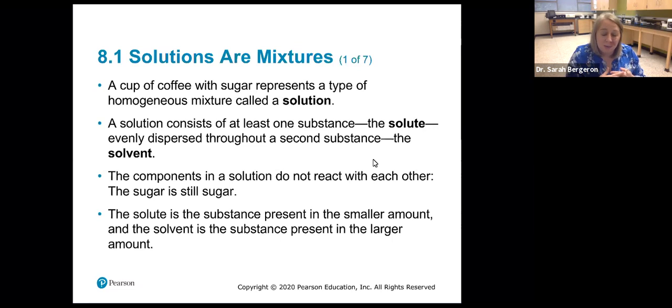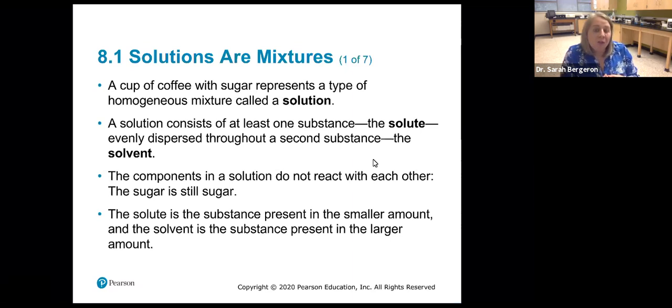So a lot of times what we do is we take a substance like sugar and we mix it with water, right? So if I take a tablespoon of sugar and I mix it with a cup of water, which one is in a greater amount? The water is in a greater amount, so that's the solvent. The solute is the one I just put a little bit, so a tablespoon. So that's my solute. My sugar is my solute.